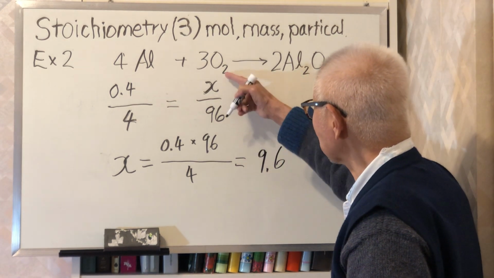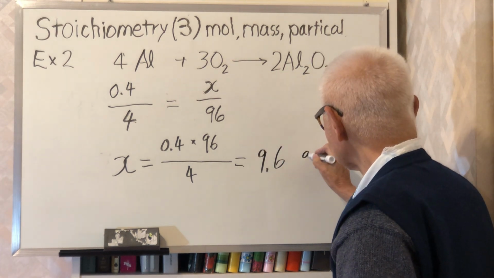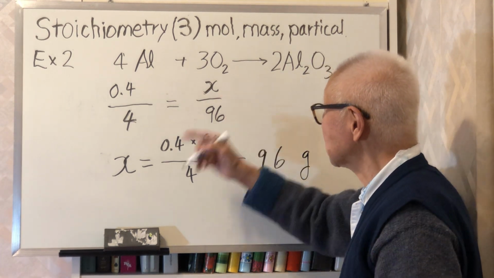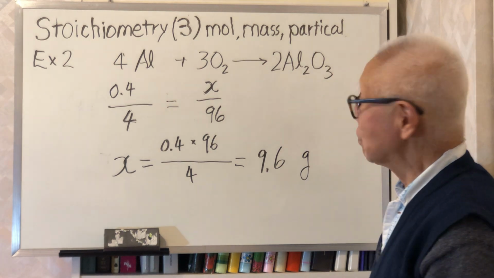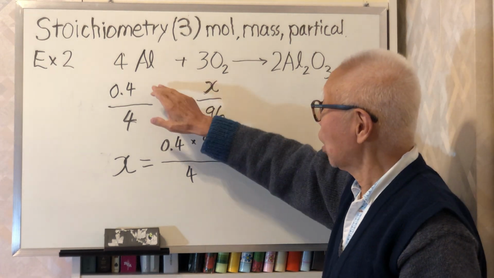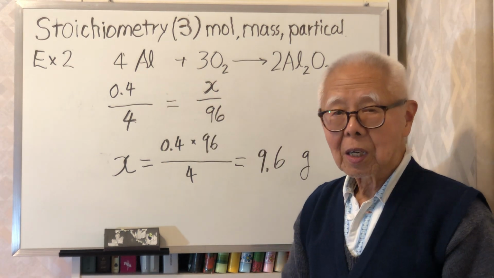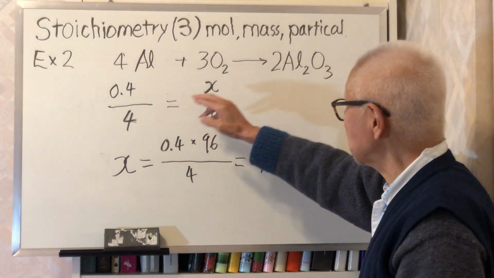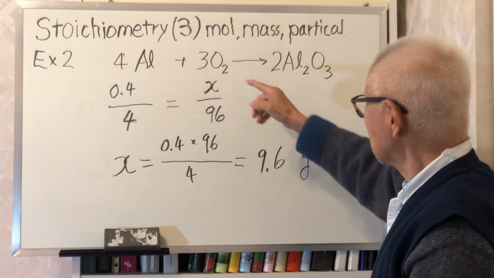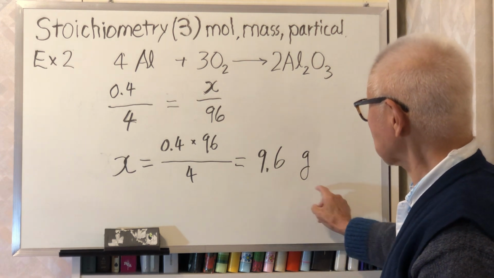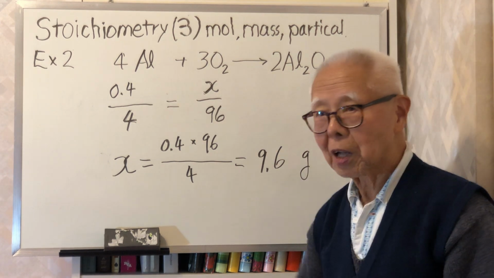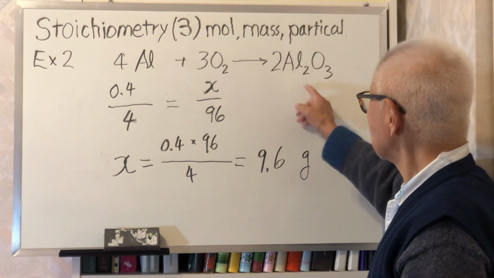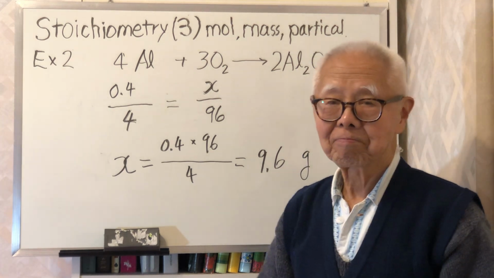And x is gram. So my answer is, if I have 0.4 mole of aluminum, I can react with 9.6 gram of oxygen, and they form aluminum oxide.